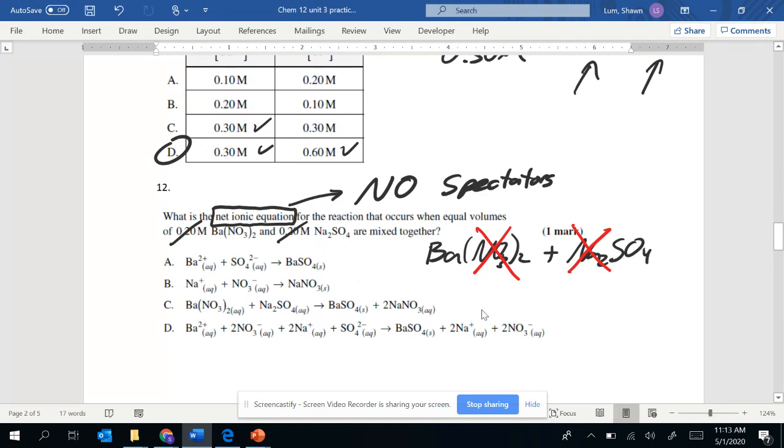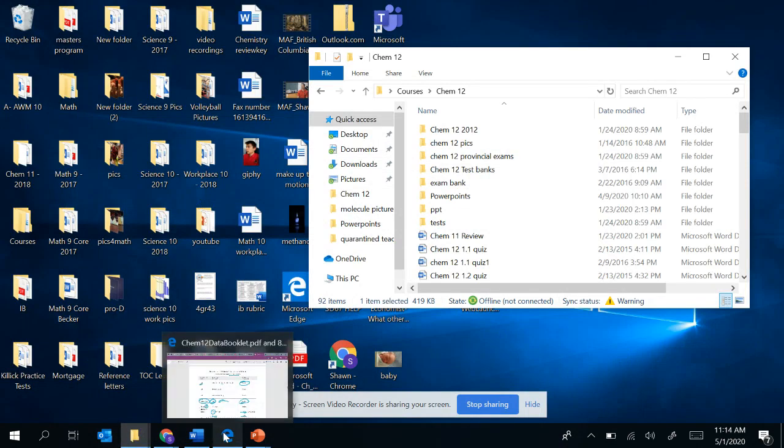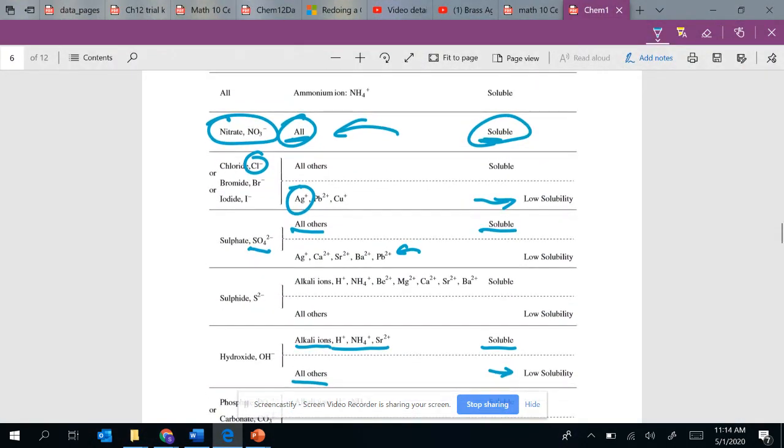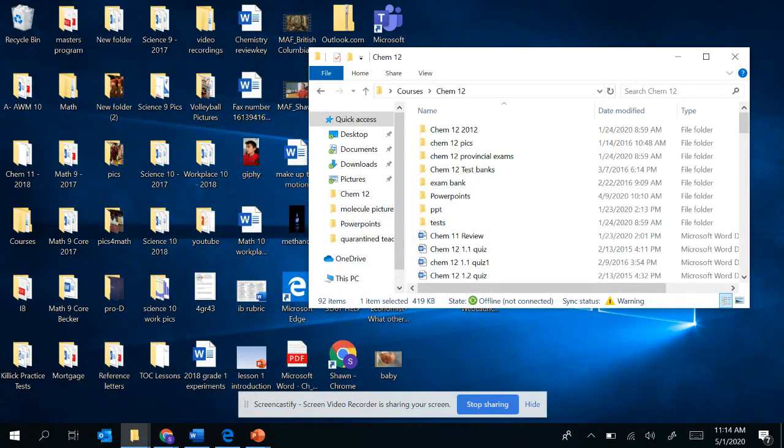So the question is, do Ba and SO4 create a precipitate? If it doesn't create a precipitate, then there will be no answer because there'll be no reaction essentially. So we have to look up Ba and SO4 just to make sure. And what we see is that Ba 2 plus and SO4 2 minus does create a precipitate. It says low solubility. So we know that that one's going to be our answer right there.